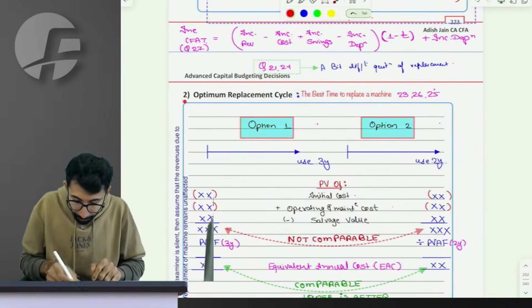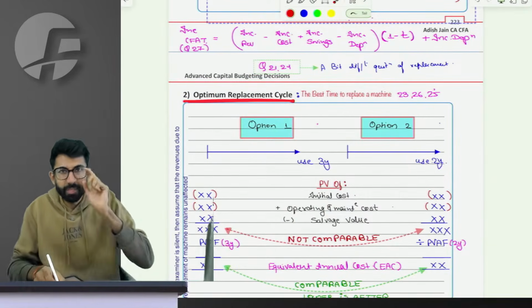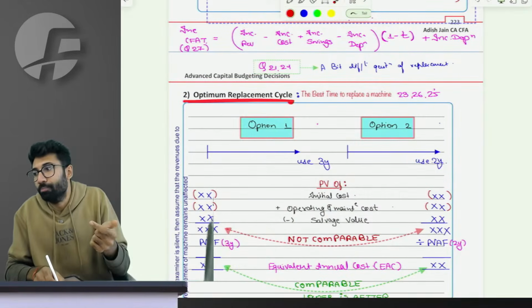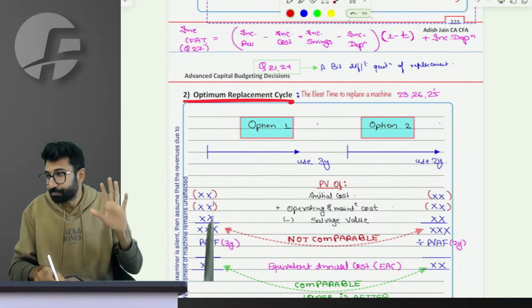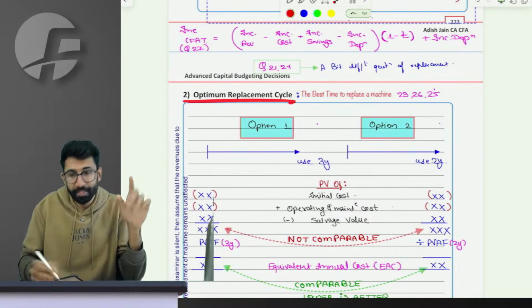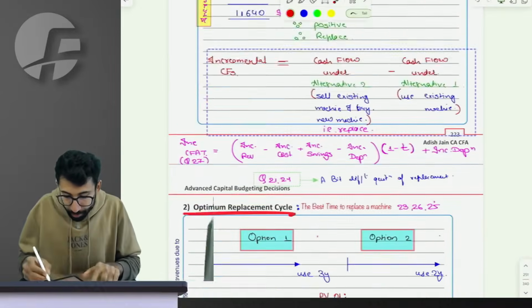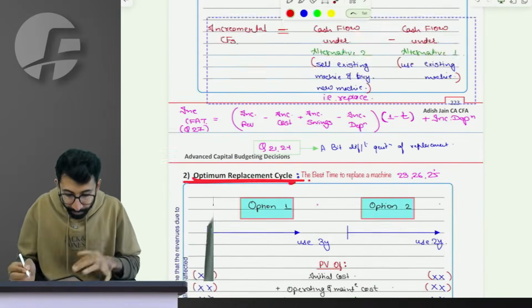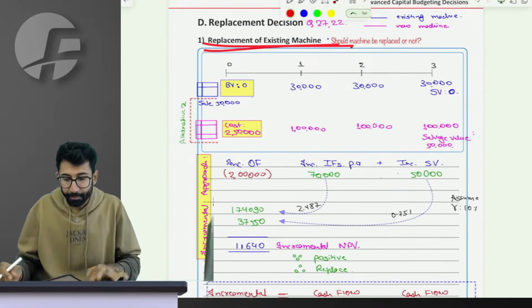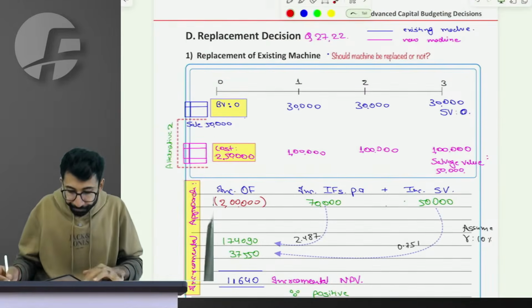Second is optimum replacement cycle, which means when is the best time to replace something. What are the two things, people in the class? First, whether I should replace or not, or when is the best time. First of all, learning replacement, whether we should replace or not.